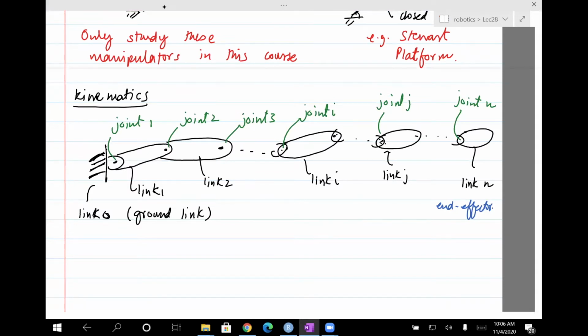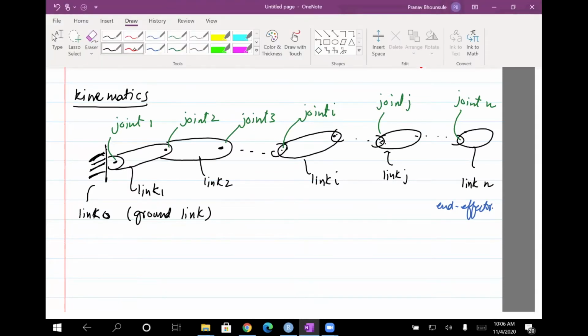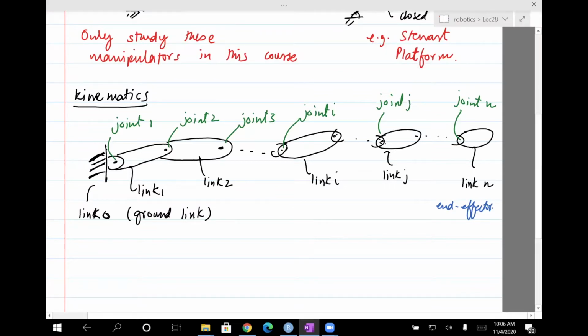And this is where we're going to tie in what we've learned so far when it comes to frames. We'll actually have coordinate frames attached to each joint, and that will help us describe the kinematics. So for joint i, we would have an axis like this. This is my frame xi, yi, zi.